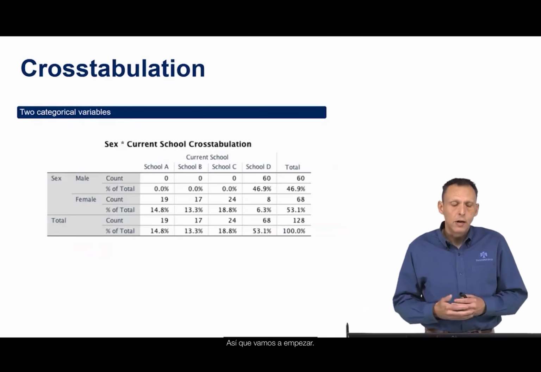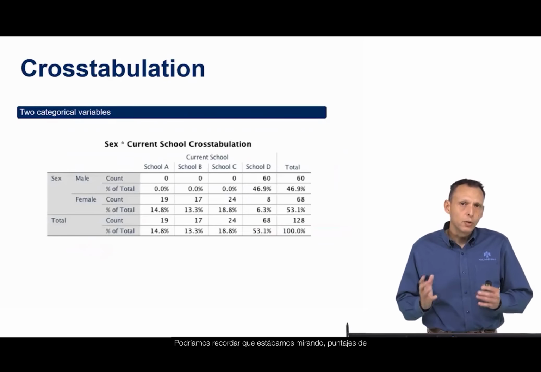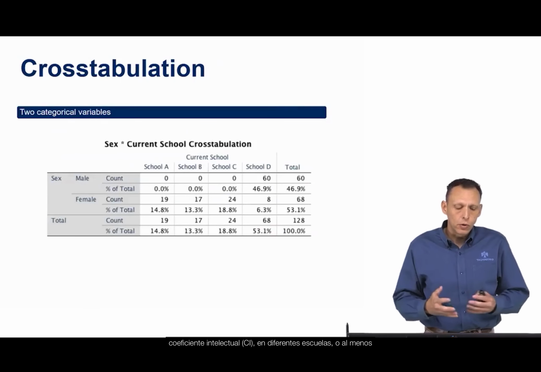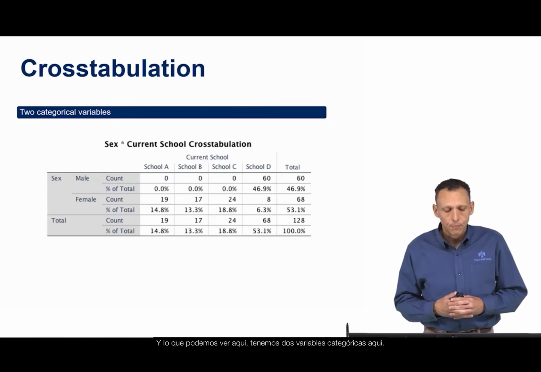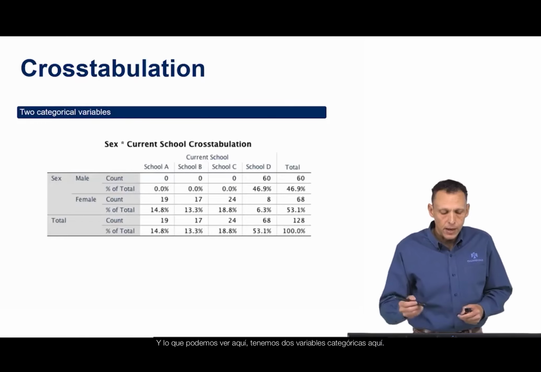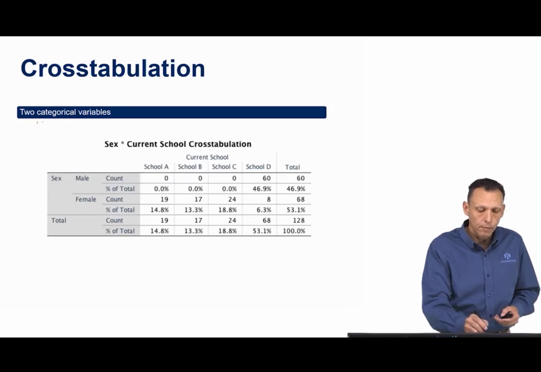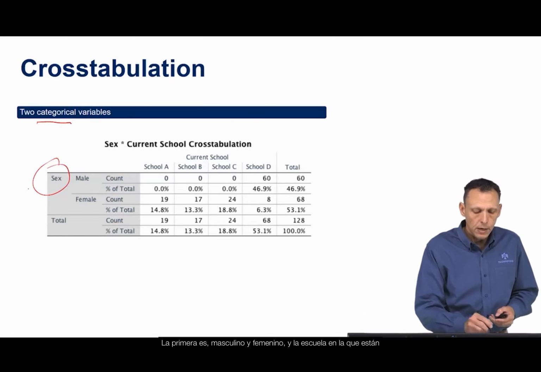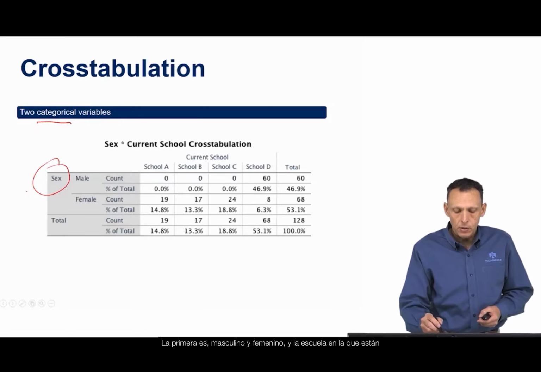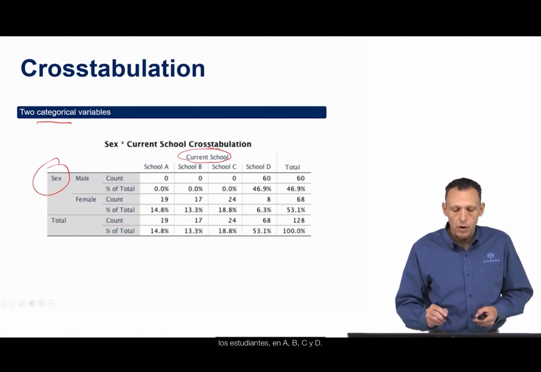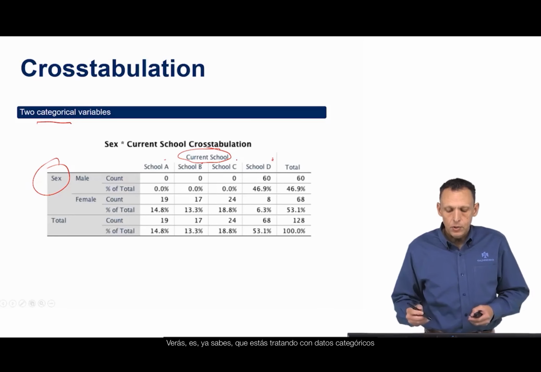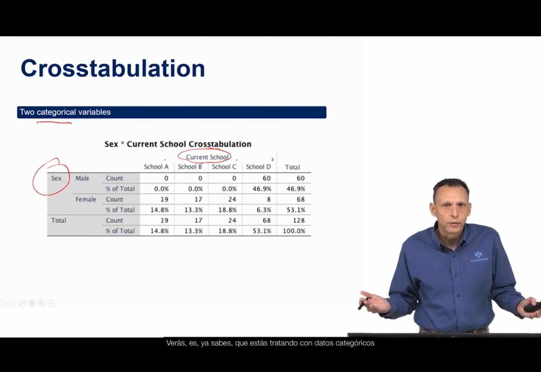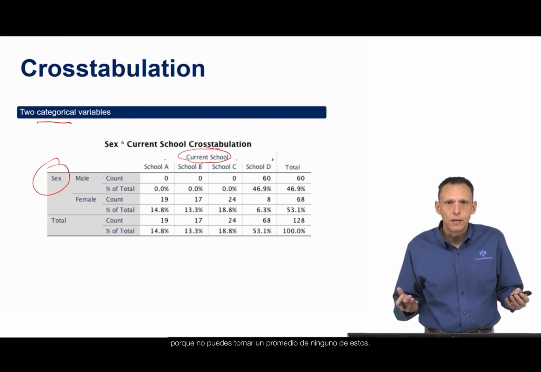So let's start. You might recall that we were looking at IQ scores across different schools, or at least we are here in this example. And what we can see here, we have two categorical variables, the first being male and female, and the school that the students are in, A, B, C, and D. You know that you're dealing with categorical data because you can't take an average of any one of these.